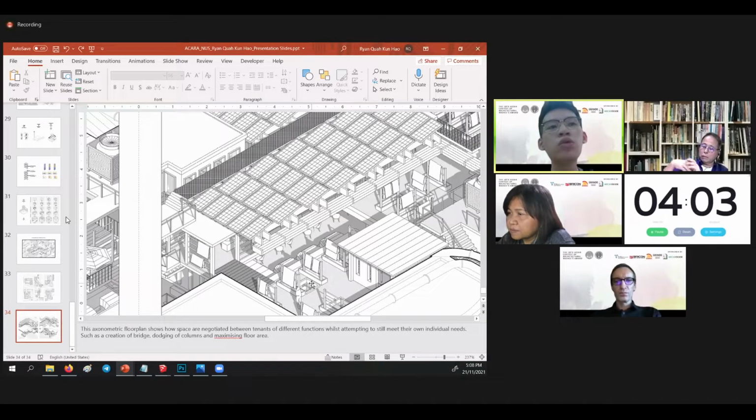So the control here is independent and autonomous by the users, through how they negotiate with their neighbors, rather than a top-down figure saying you can do this and you cannot do this.